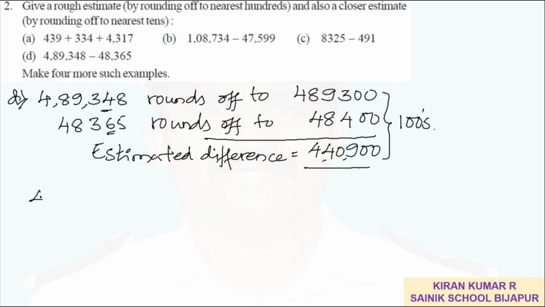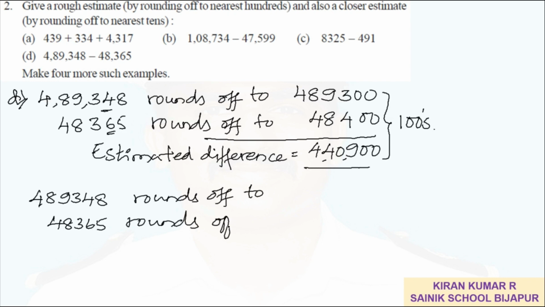Let me consider the same numbers, 4,89,348 and 48,365. Let's round it off to the nearest tens. So I have to look at the digits at the units place. So 4,89,350 it becomes, and the next one, 48,370 it becomes.